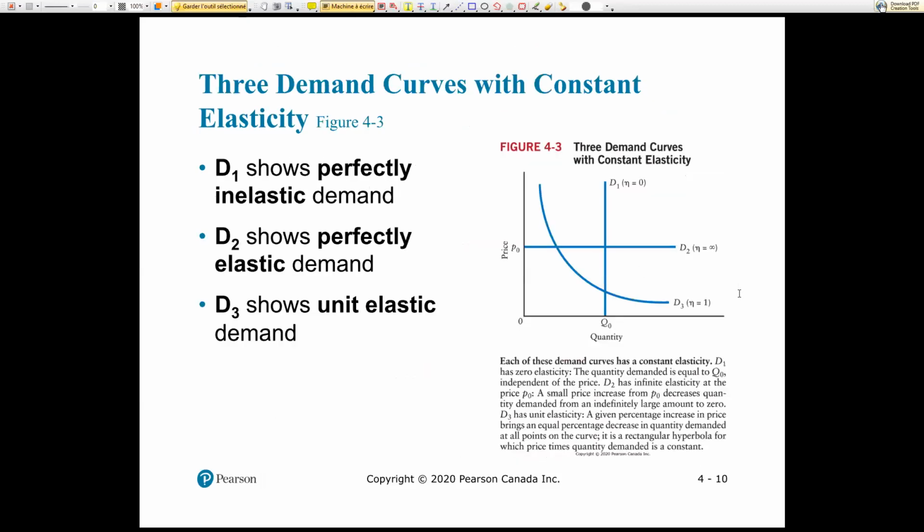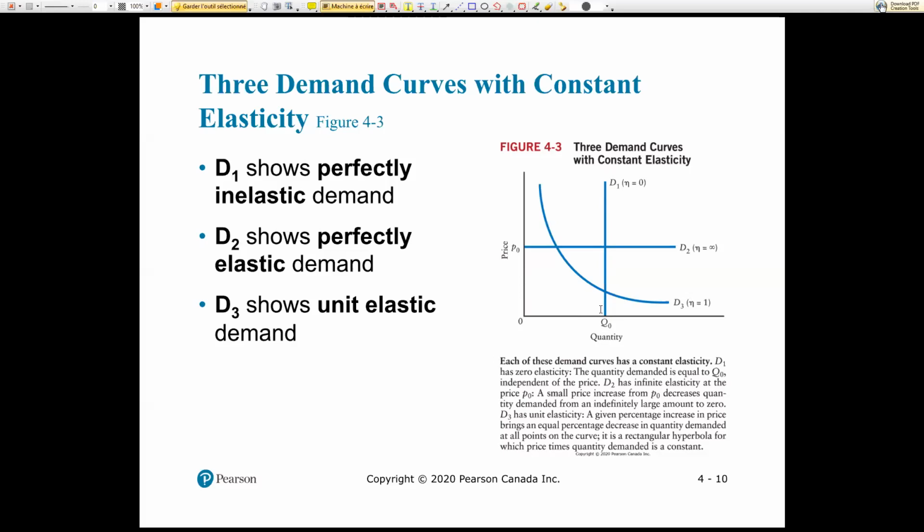All right, so here we were. This is perfectly inelastic. To know when it's perfectly inelastic, you look at quantity. Inelastic means I don't change the quantity. Here it's a perfectly straight bar, so no matter what the price is, I always demand the same quantity.